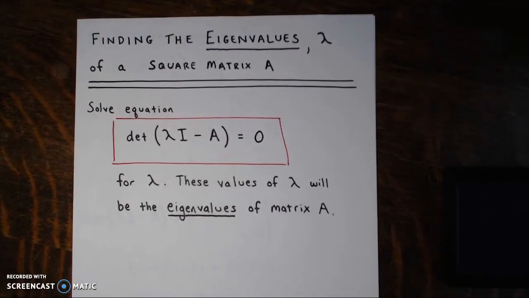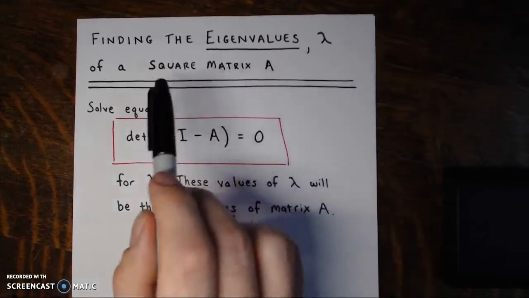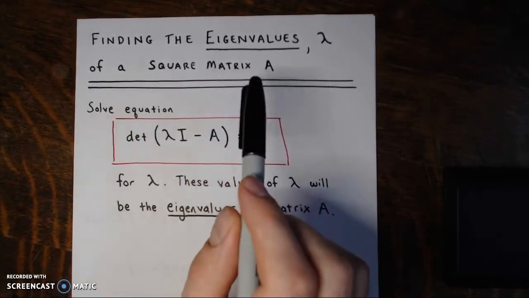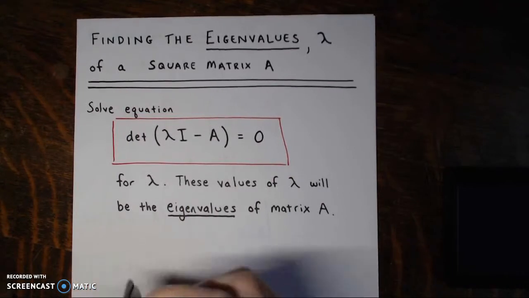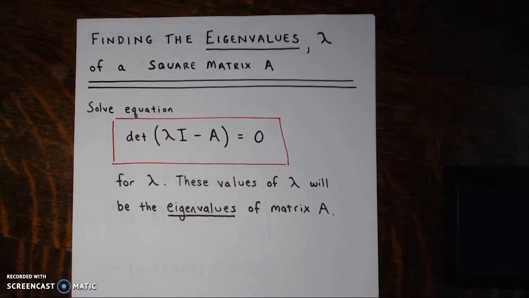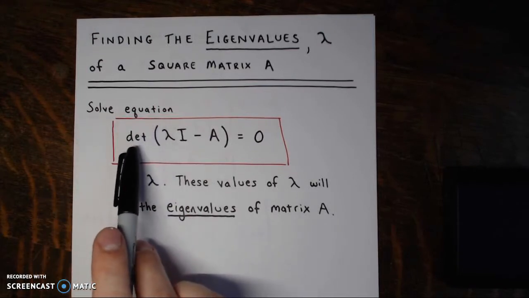Alright, well here's a video on the finding of eigenvalues, those lambdas, of a square matrix A. You might have noticed at the end of last class I set up the beginning of how to find the eigenvalues of a particular matrix, and that's by solving the following equation.